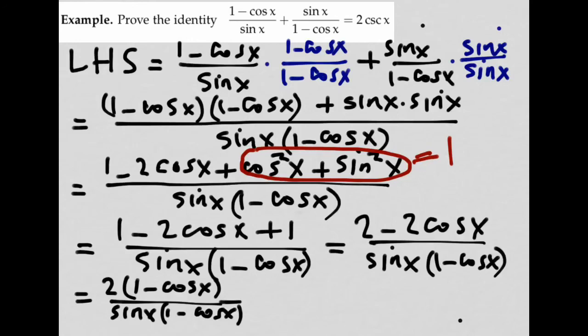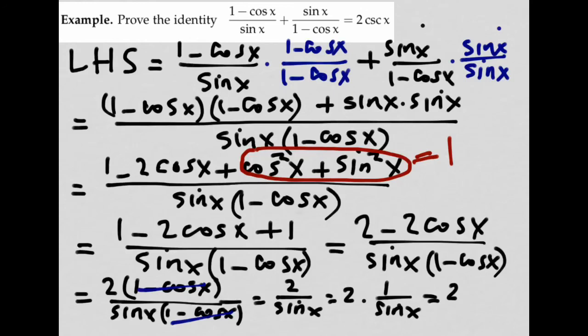Notice how 1 minus cosine x cancels with 1 minus cosine x to leave us with 2 over sine x, which we can write as 2 times 1 over sine x, and recall that 1 over sine x is none other than cosecant x. So we have 2 cosecant x, which is the right-hand side of the identity we're trying to prove.